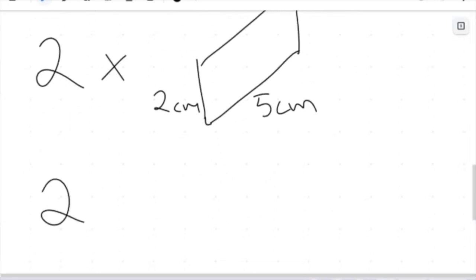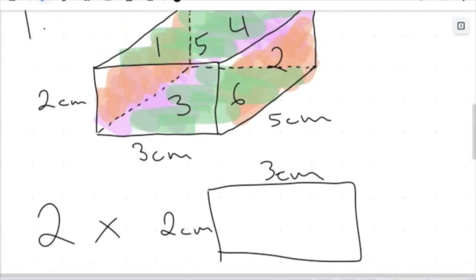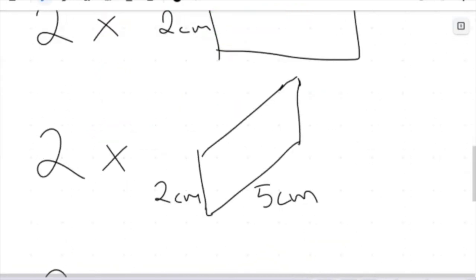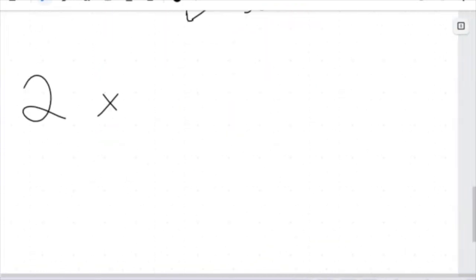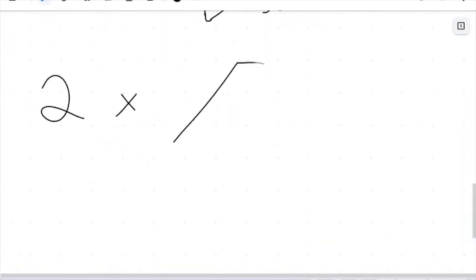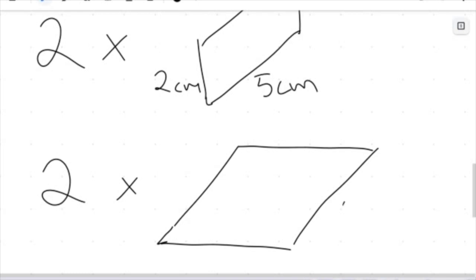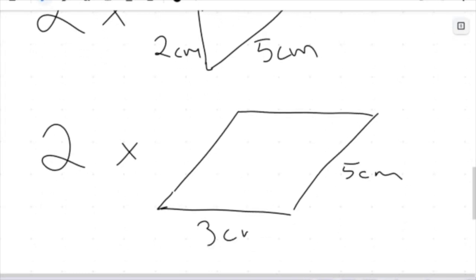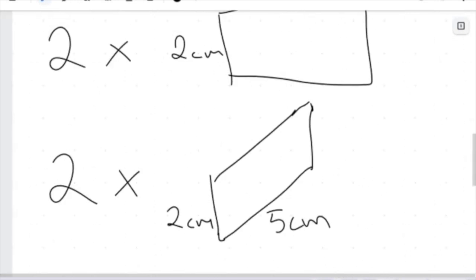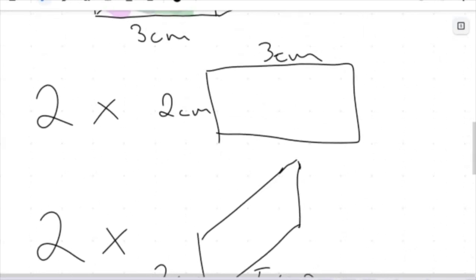And one more set that I have is my top and bottom. So this bigger one here. So that is 5 centimeters by 3 centimeters. Okay, I have all of my surfaces now.